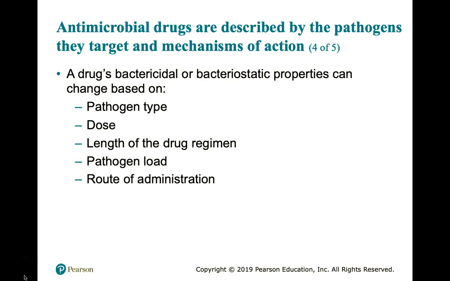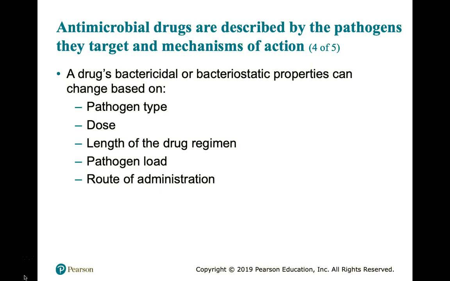So pathogen load is essentially how many pathogens are present. And we've talked before about how Shigella, for instance, only requires less than 20 cells to cause an infection. So by having less than 20 cells, that pathogen load is pretty low.